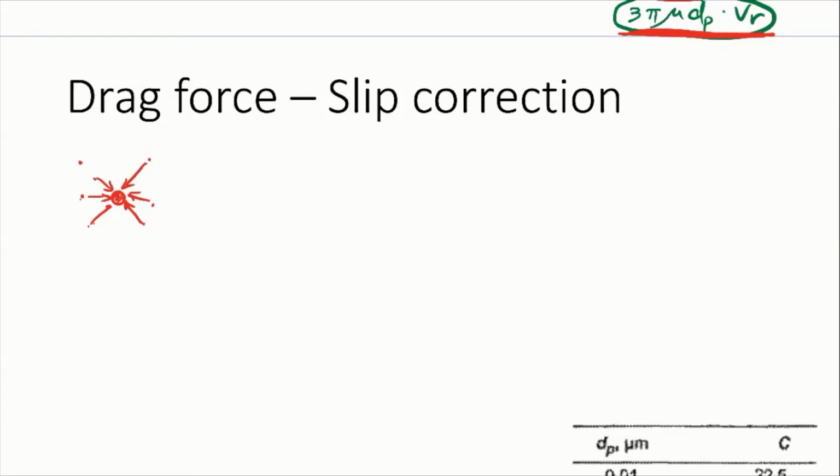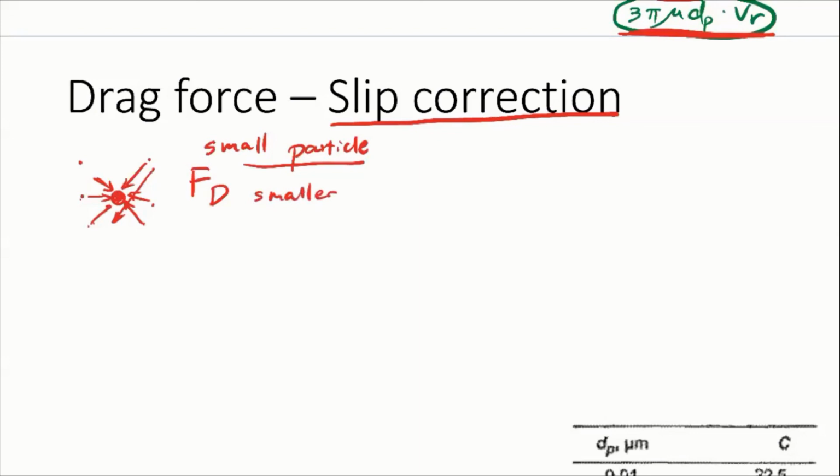So when the particle is small enough, the fluid molecules cannot be treated as continuous anymore, right? It's just single collisions, and a lot of these molecules might originally have collided with the particle but instead miss the particle. Okay, so that's why people further introduce a coefficient. Under this situation, when particles are very small, the drag force Fd will be smaller than expected.